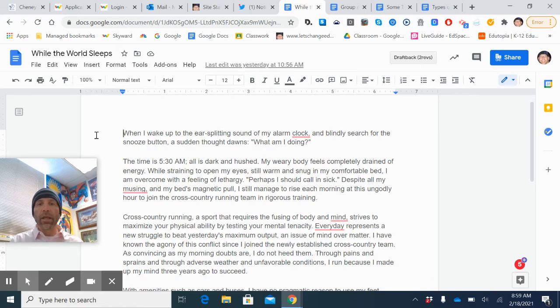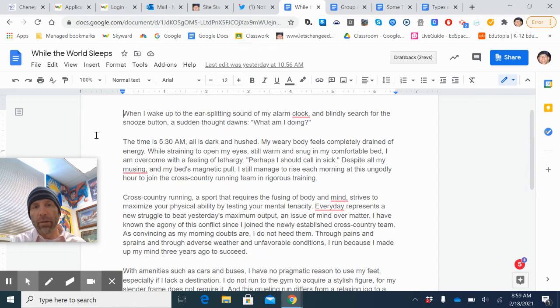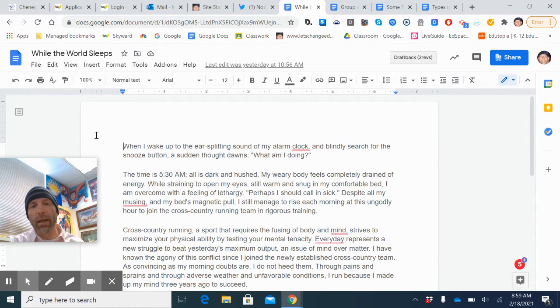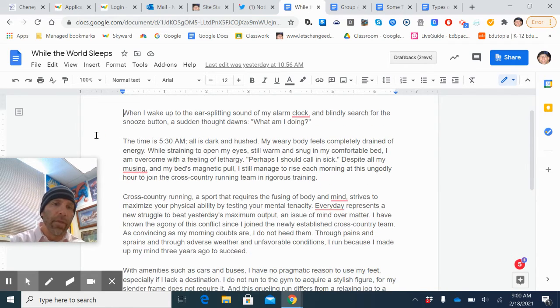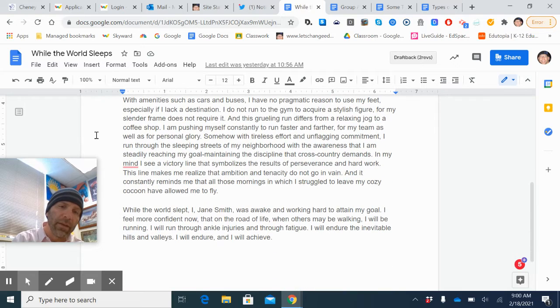Anytime, or rather a lot of times, when we have to pursue certain goals, we have to sacrifice certain things. And sleep is one of those things. And she wants us to understand that. She's trying to use some pathos here. She's trying to get us to empathize with her situation, that this goal means so much to her that she's willing to sacrifice something as important and as sacred as sleep.